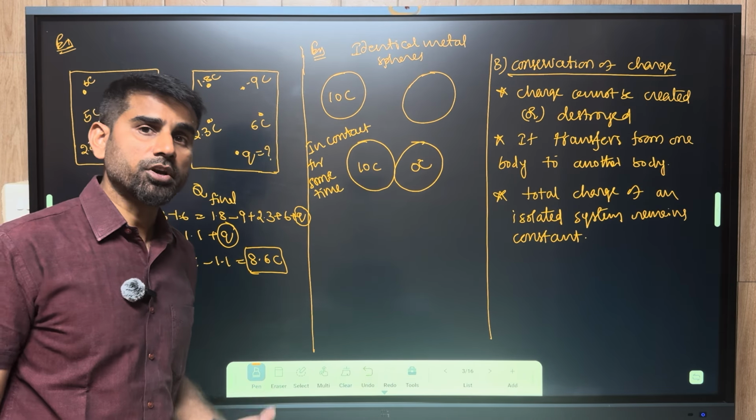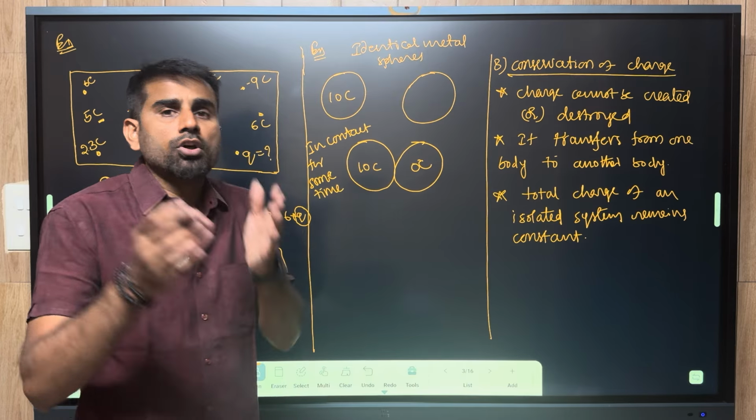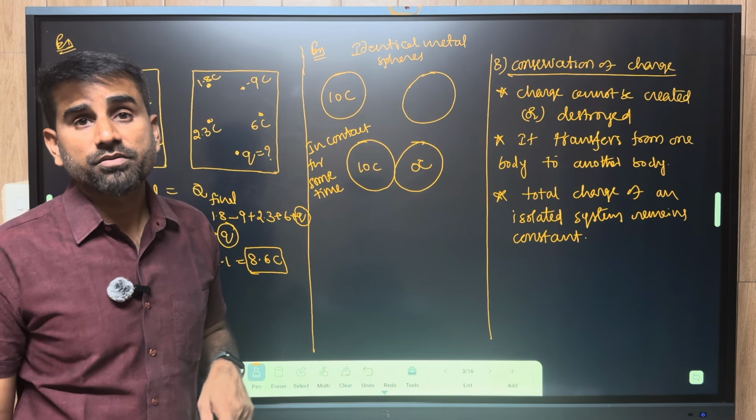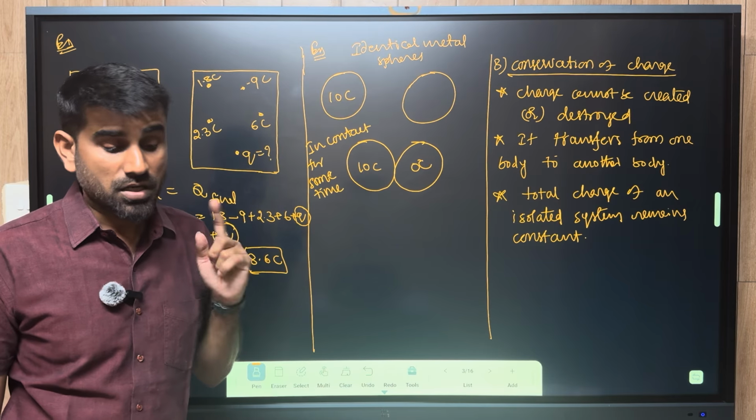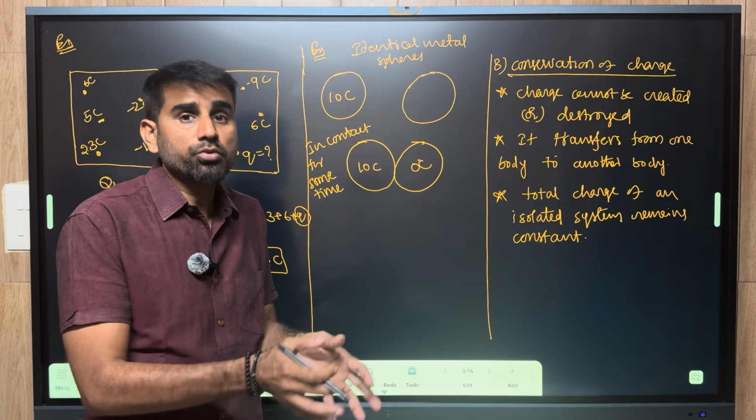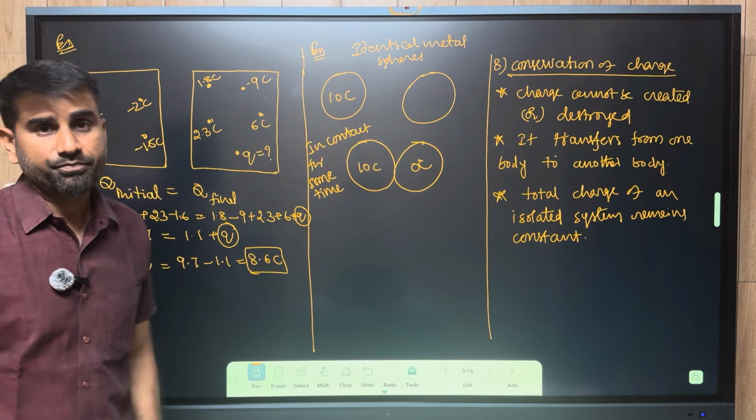From which body to which body? From higher charged body to lower charged body. Exactly, this is not the correct statement. Charge always flows from higher potential body to lower potential body.